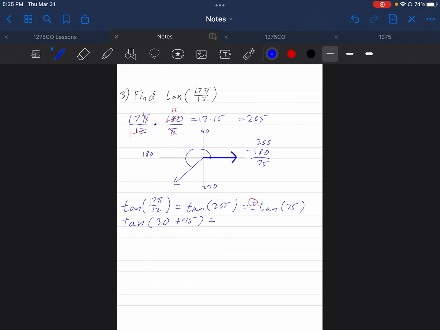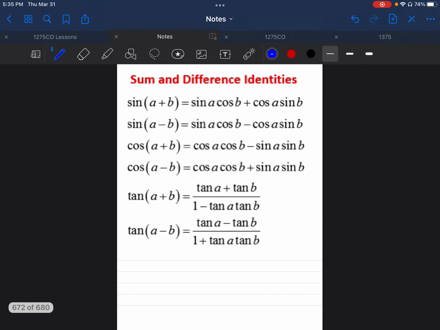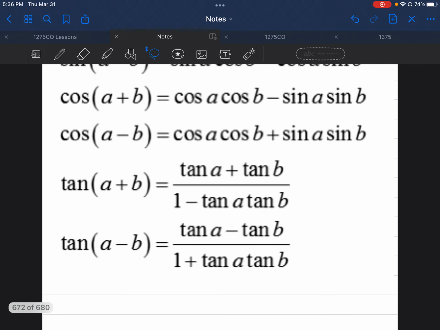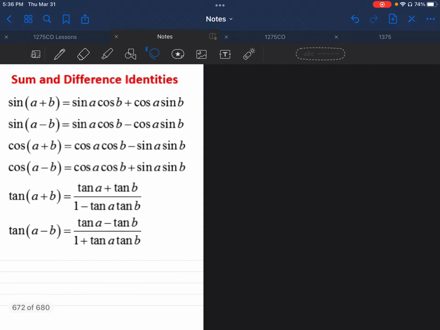And if we look at our tangent function, the sum of two angles inside a tangent function, that's the tangent of A plus the tangent of B divided by 1 minus the tangent of A times the tangent of B.